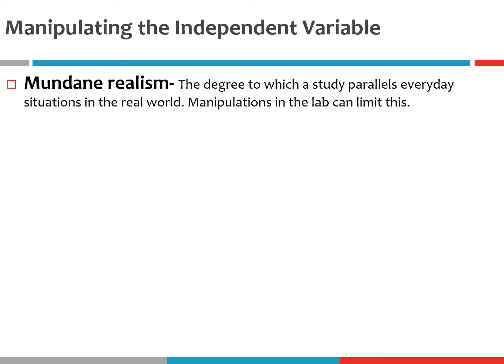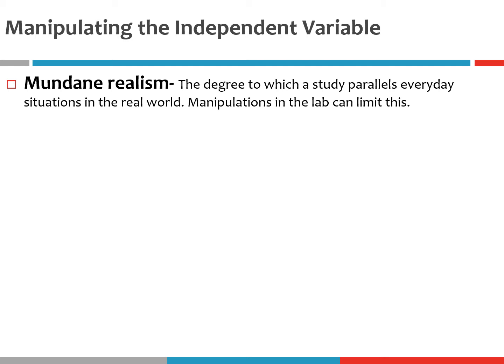And if I run the experiment in the real world, in the situation in which this behavior generally occurs, then the experiment has high mundane realism. Mundane realism is that you've done research that will apply directly to everyday life. And the best way to get mundane realism is to run the study in real life.